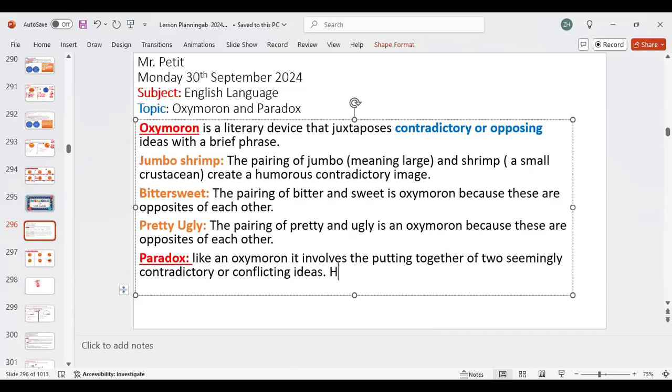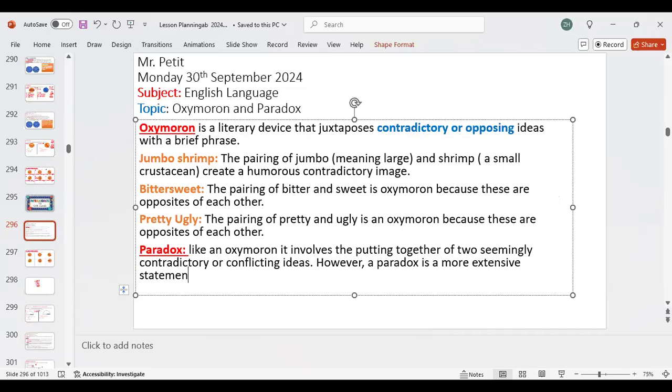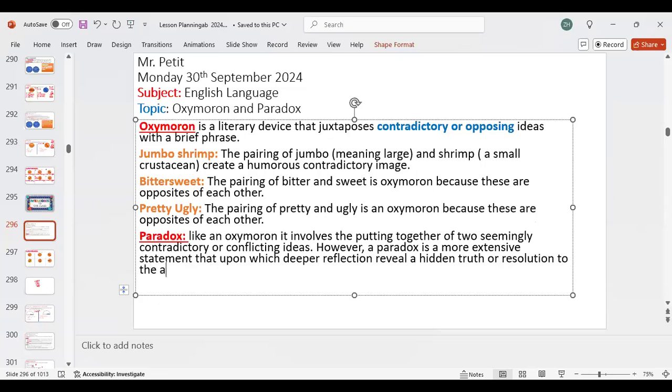However, a paradox is a more extensive statement that, upon deeper reflection, reveals a hidden truth or resolution to the apparent contradiction.